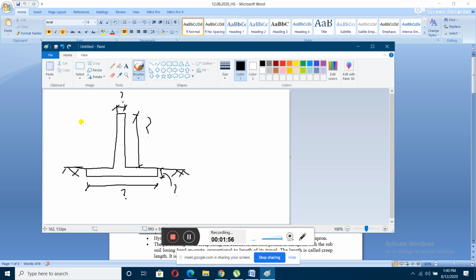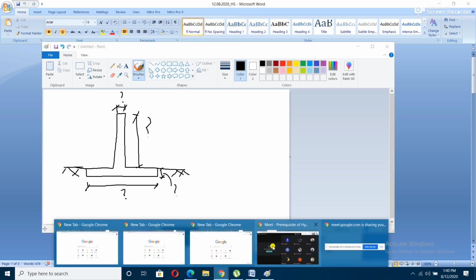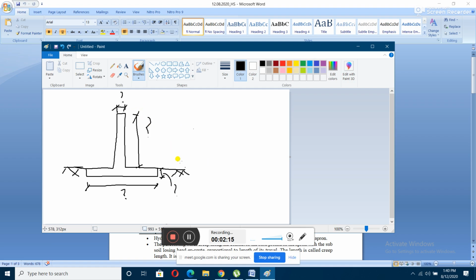If you don't have the values you cannot design it, right? So what data have we got? Just wait. We need these four data upon which we can design that weir. What we know is the head of water here and the head of water here, so we can find out the head difference, right?